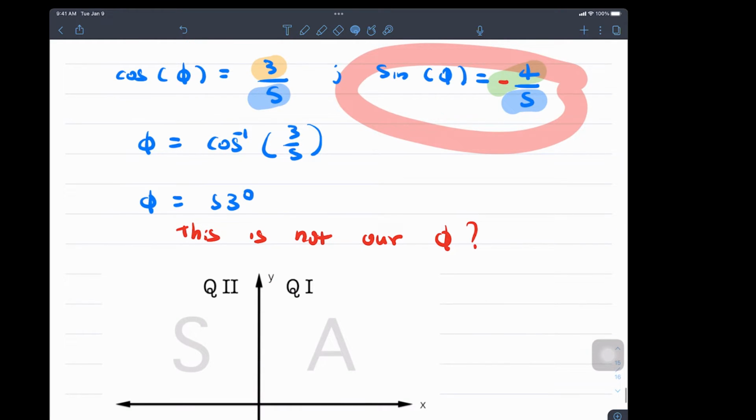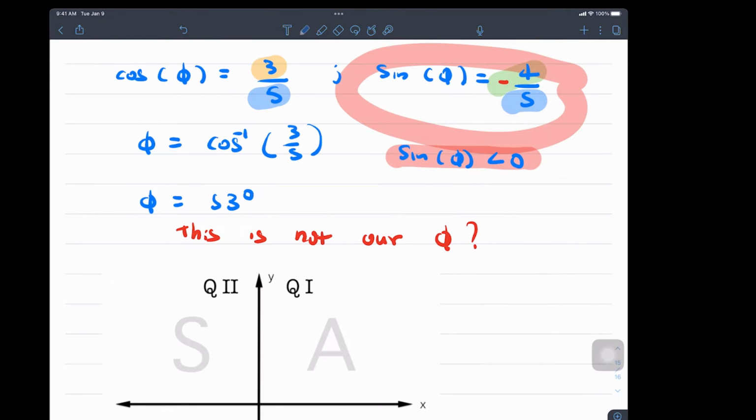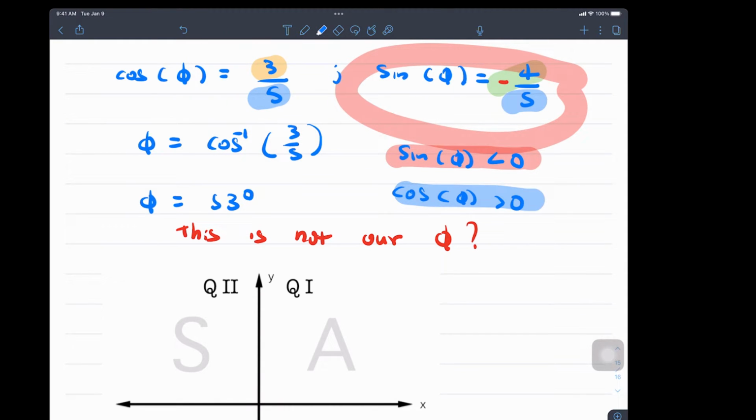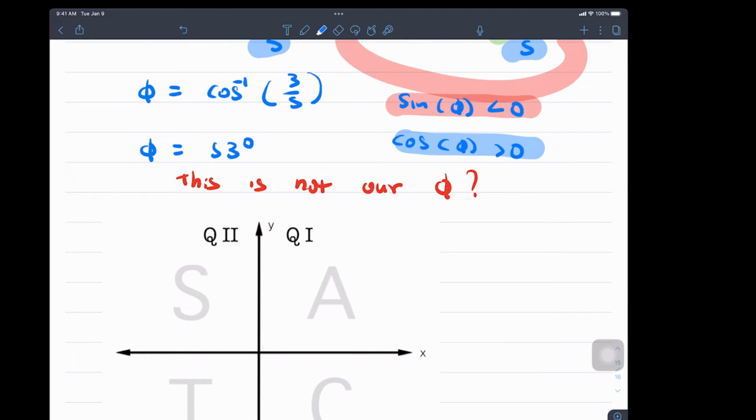So, all students take calculus. We know cosine's positive, but sine is negative. Is that right? Sine's negative, and cosine's positive. So what quadrant has that?